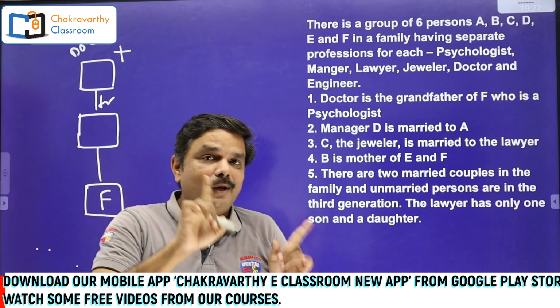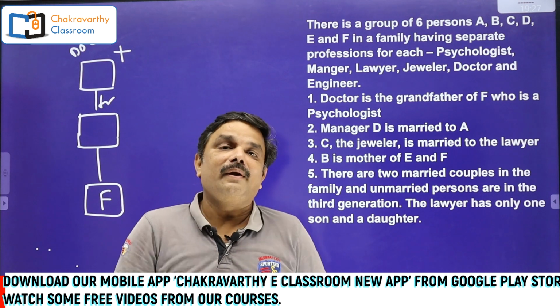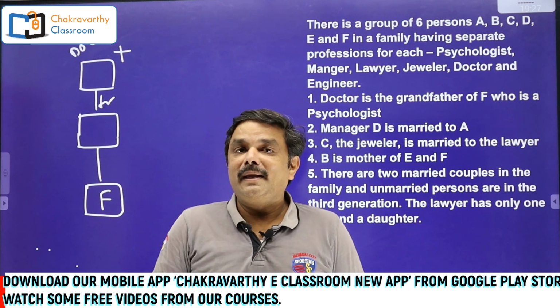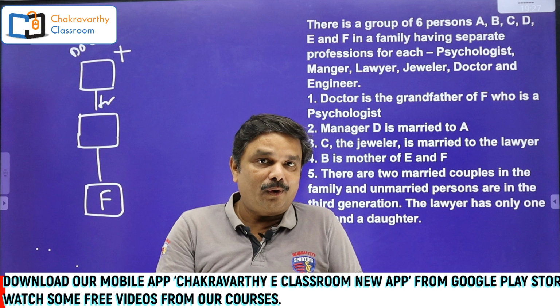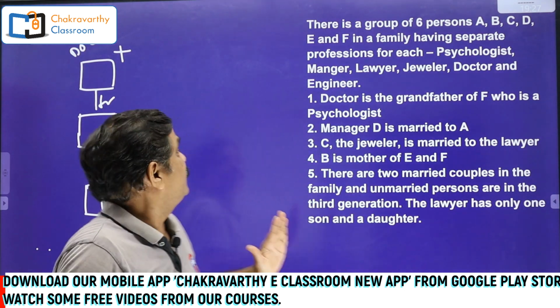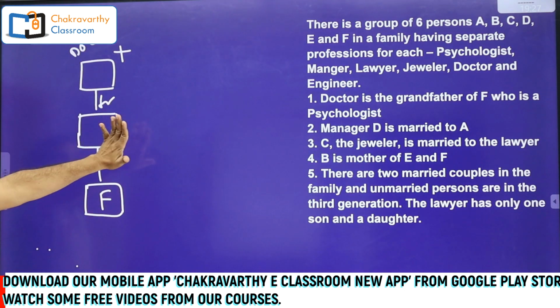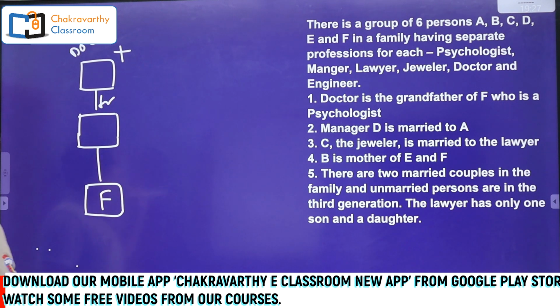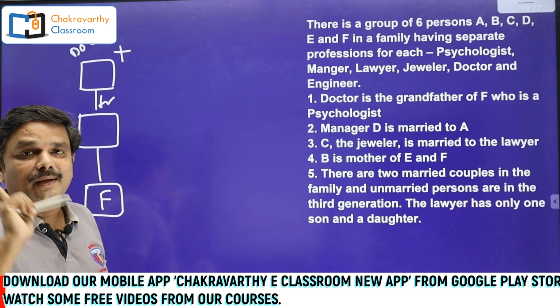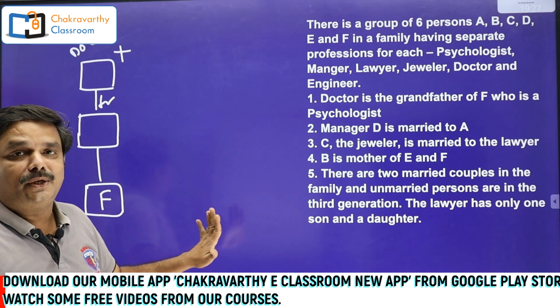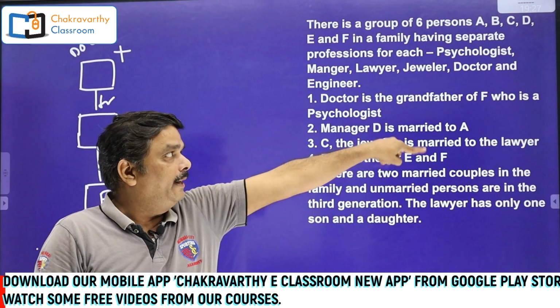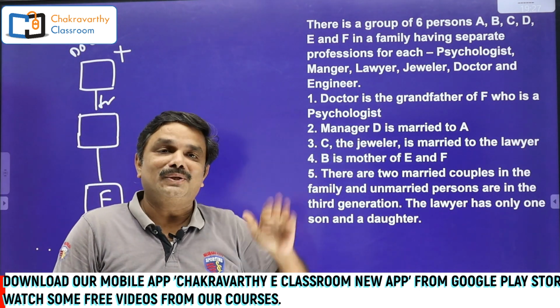They have given that the doctor is the grandfather of F. That means F can be a grandson or granddaughter of the doctor. Here 3 generations must be represented. In the very basic class in our regular course, I told you very clearly how to take 3 generations even if you have the data about only 2 generations of persons.